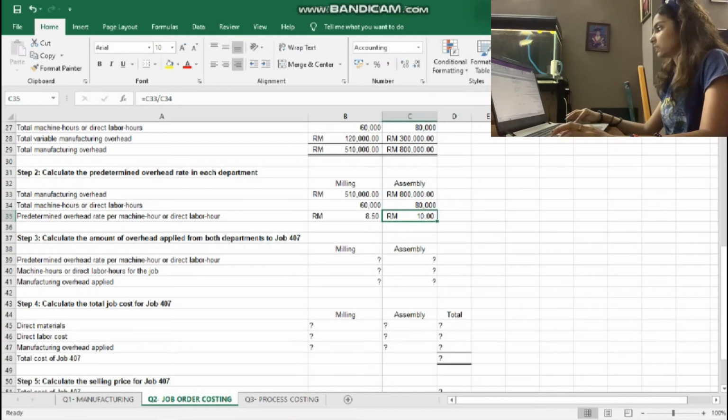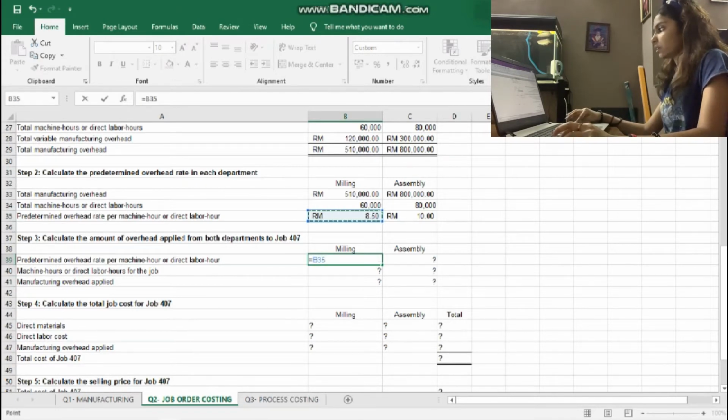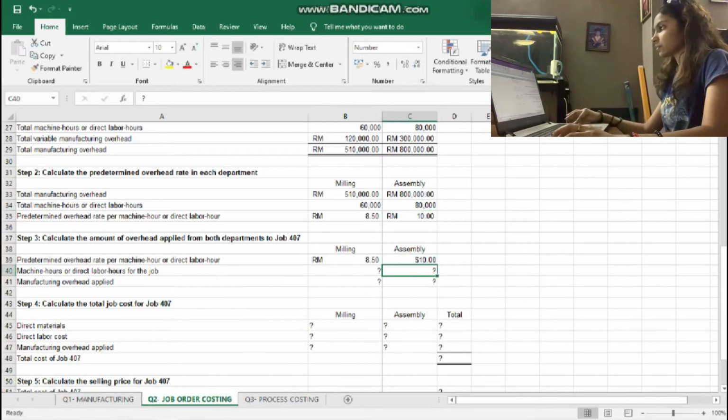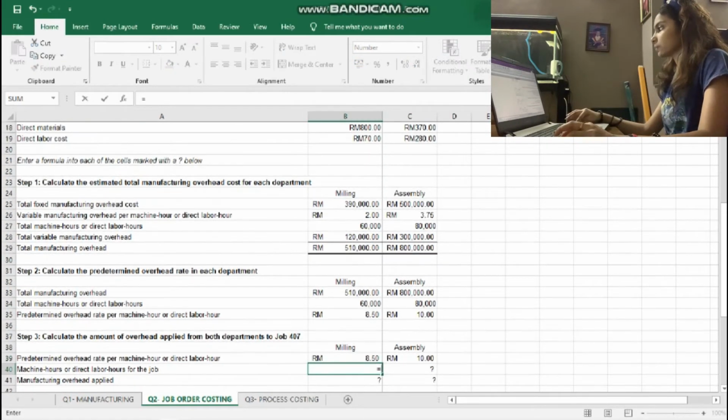Okay, so next is step 3, calculate the amount of overhead applied from both departments to job 407. So predetermined overhead rate per machine hour for milling is 8.50, and then for assembly is 10 ringgit. Okay, next is machine hours or direct labor hours for the job.